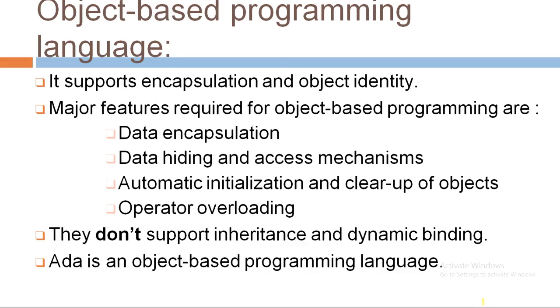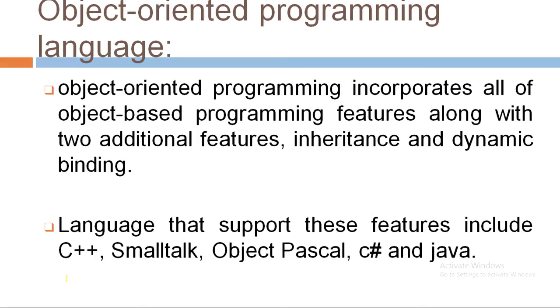The major features provided by object-based languages are data encapsulation, data hiding, data access mechanism, automatic initialization and clean-up of objects, and operator overloading. But they don't support inheritance and dynamic binding. An example of an object-based programming language is Ada.